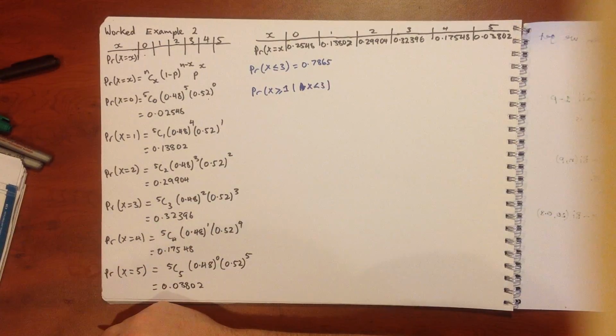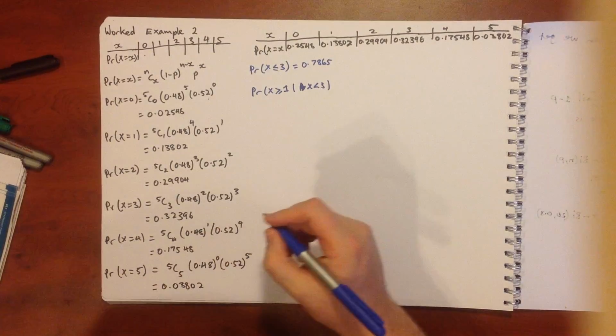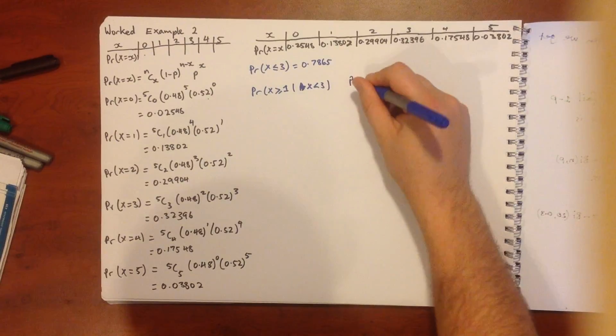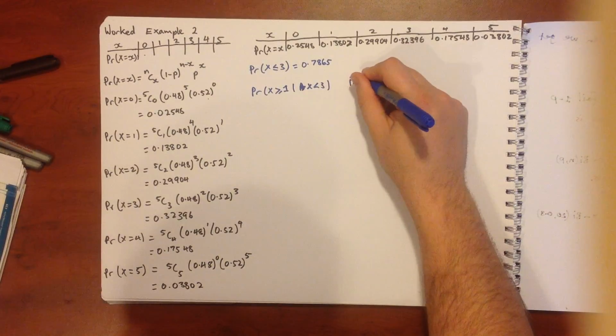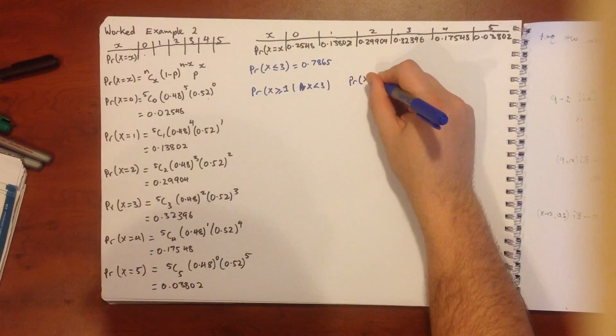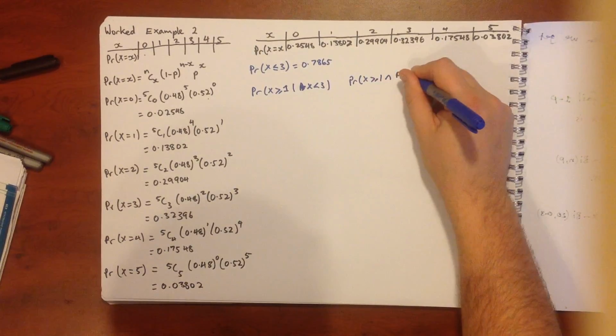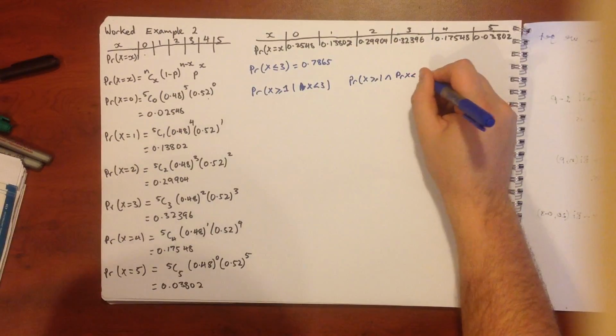So what that means is that we're going to be looking at the probability that x is greater than or equal to 1, intersection the probability that x is less than 3.